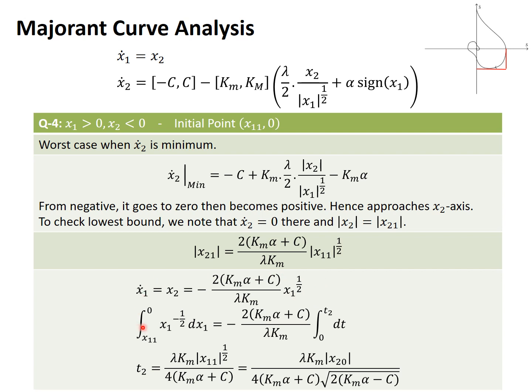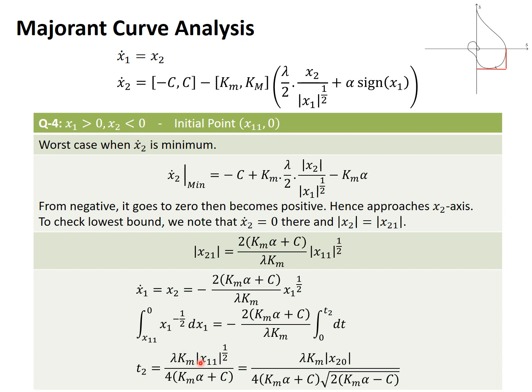So now we do an integration, and the integration will have limits from x11 to 0, so it is moving from x11 to 0, and time is from 0 to t2. If you solve this integration, you will have t2 coming in this form.